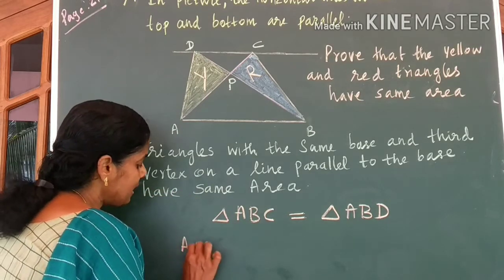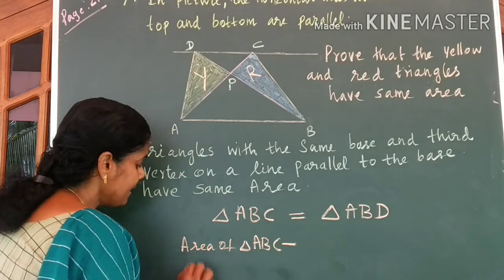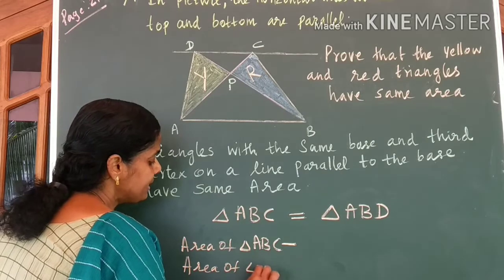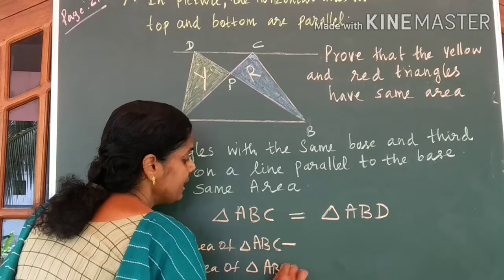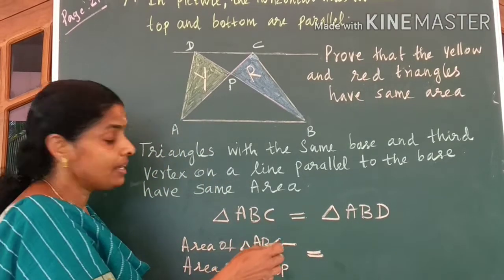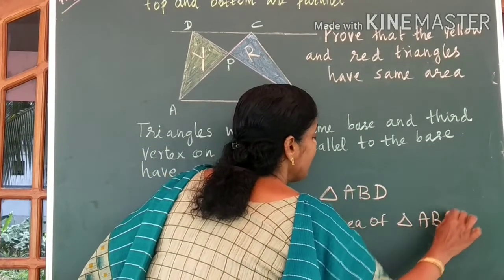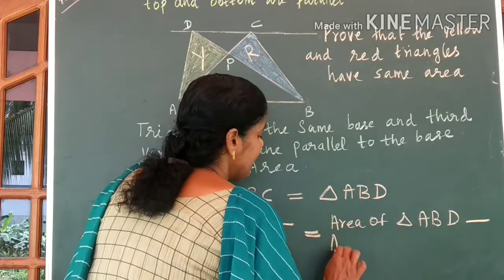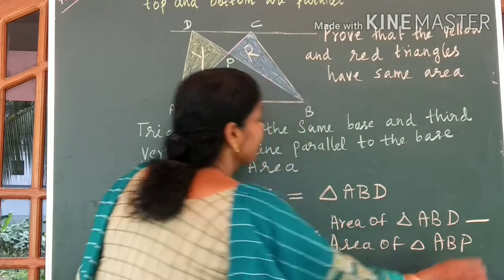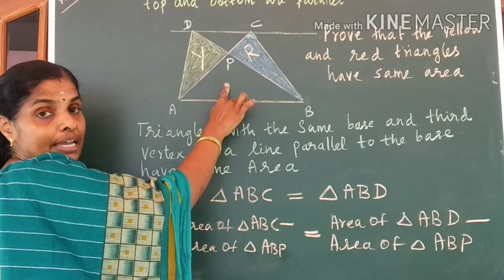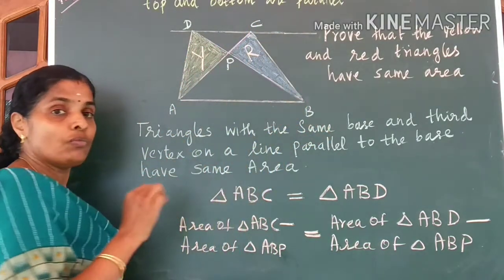We get area of triangle ABC minus area of triangle ABP is equal to, the same way here, area of triangle ABD minus area of triangle ABP. The common portion is subtracted from both these triangles. Then what will you get?